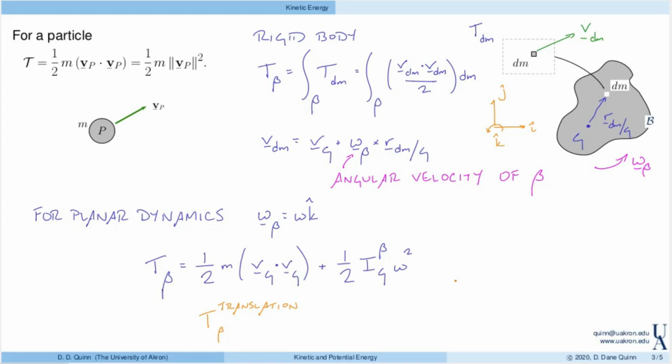While this last term is the kinetic energy of the body due to rotation. So if the mass center was fixed and the body was simply rotating or spinning about that, then this would be the kinetic energy. And in general, kinetic energy arises from both rotation and translation of the object.